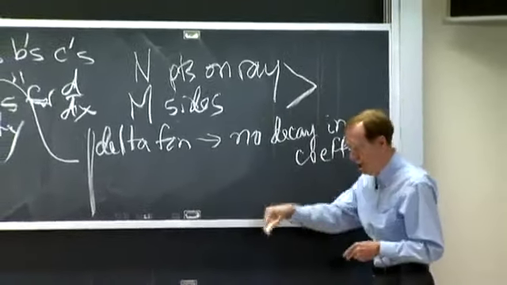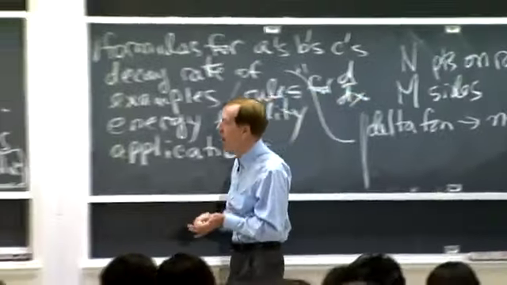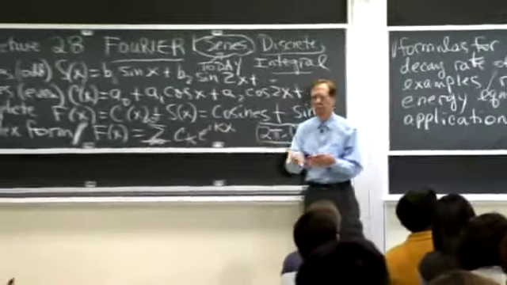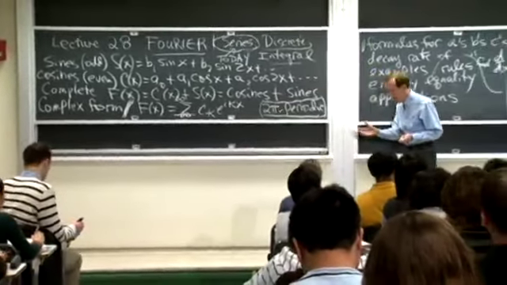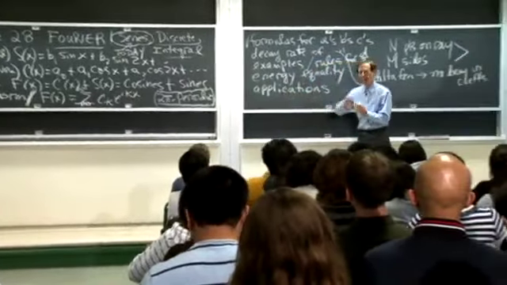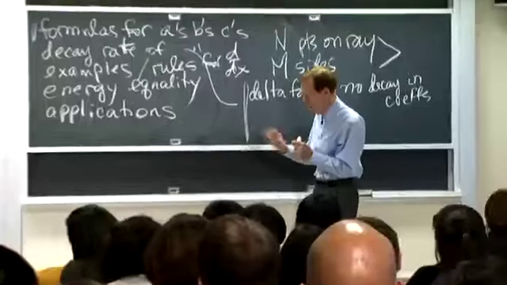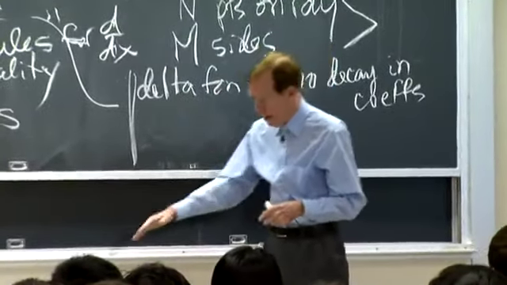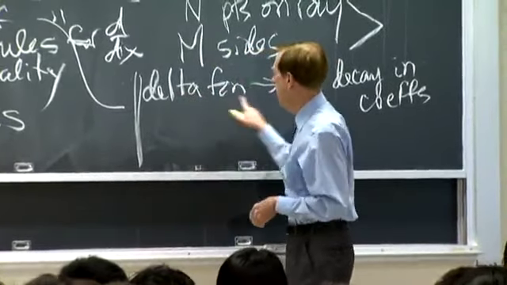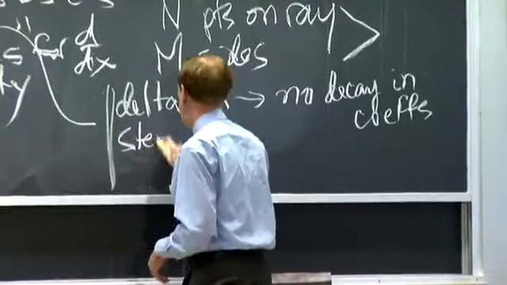They don't decrease as we go to higher and higher frequencies. I'll use the word frequency for k. So high frequency means high k, far out in the Fourier series. And the question is, are the coefficients staying up there big and we have to worry about them, or do they get very small? So a delta function is a key example, and then a step function.